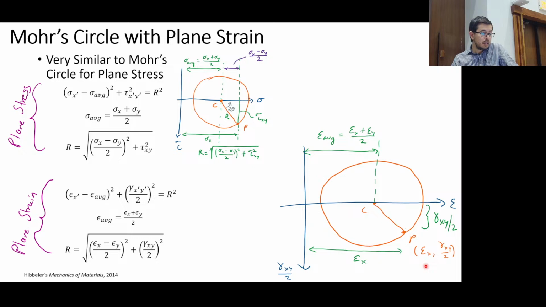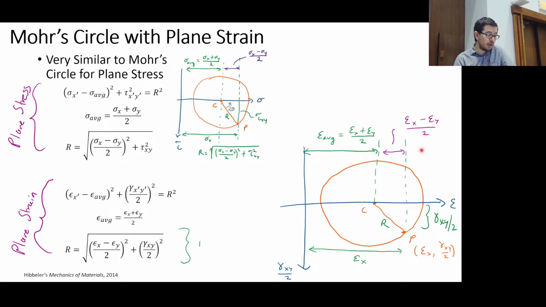And if we're interested in figuring out the horizontal distance, it's just going to be epsilon x minus epsilon y over 2. And that comes from taking epsilon x minus epsilon average. That's what that value is coming out to.